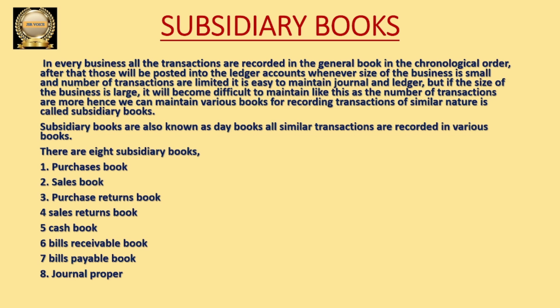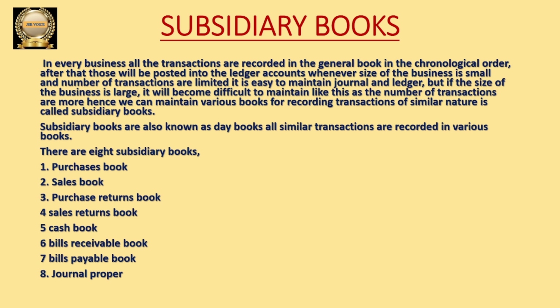What are subsidiary books? Subsidiary books are known as day books. In those subsidiary books, similar transactions are recorded so that after adding all those transaction amounts, only one entry will be recorded in the journal. That will be posted into the ledger.